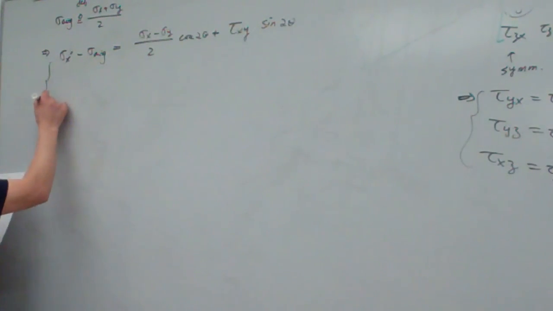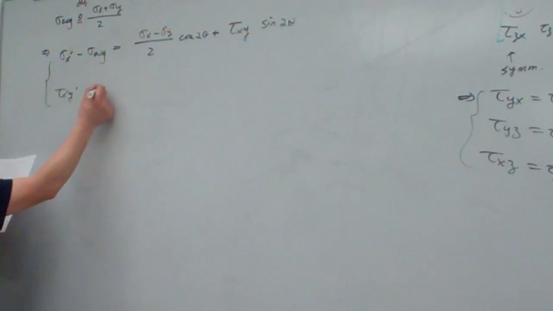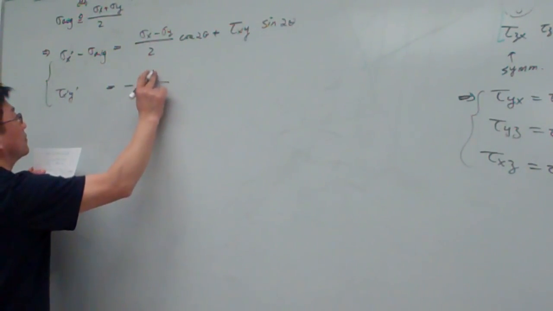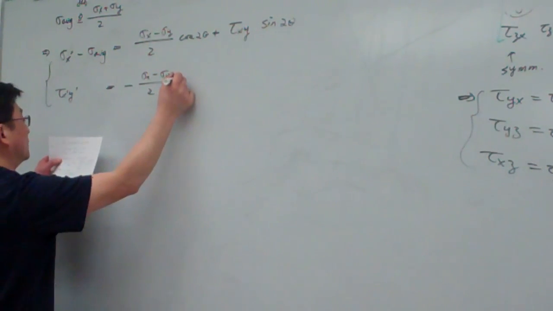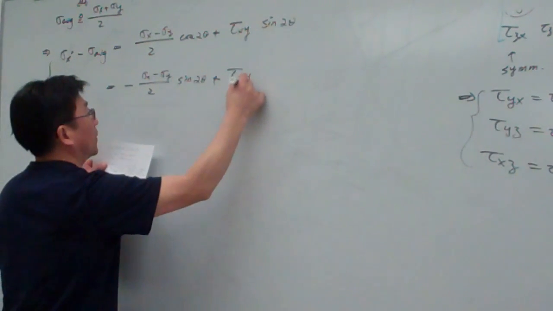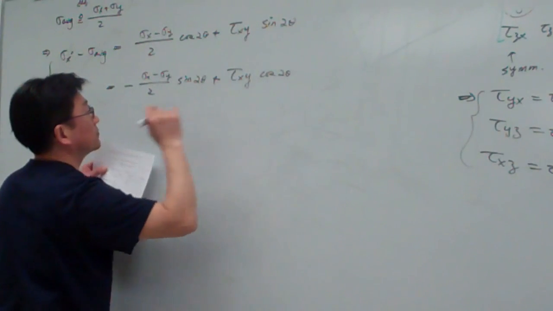And then tau x prime y prime will be equal to minus sigma x minus sigma y sine 2 theta plus tau x y cosine 2 theta.